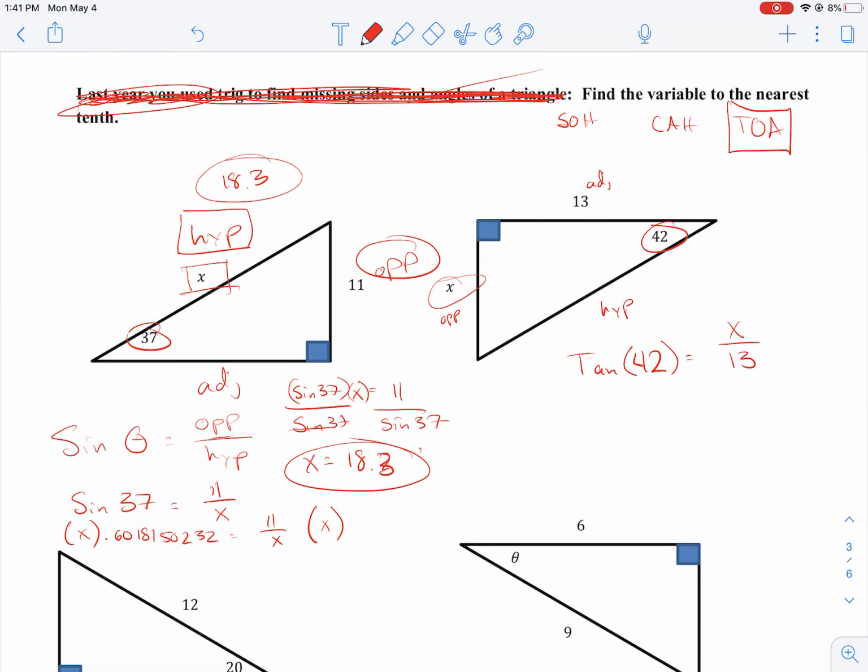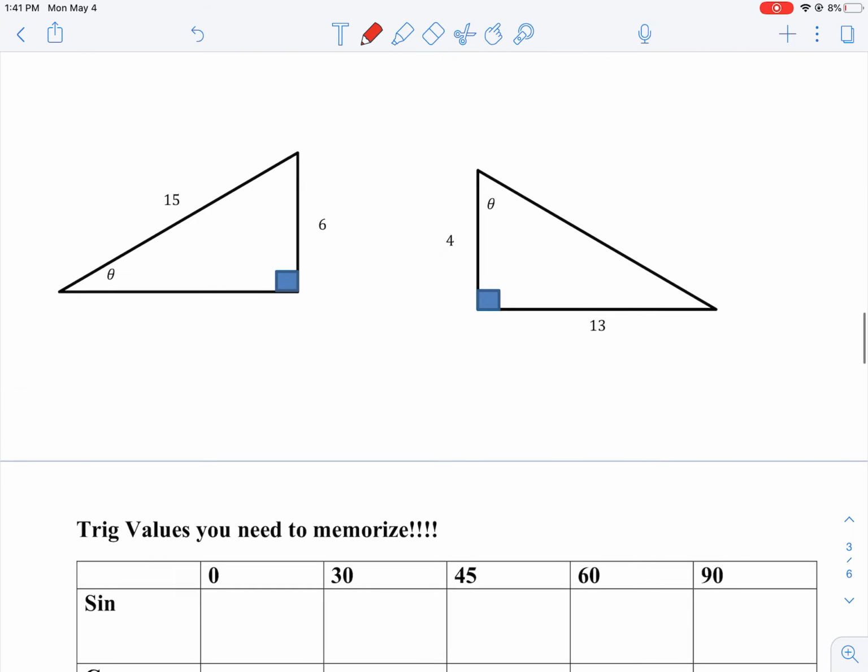It should be 0.90004 is equal to x divided by 13. And to get x on its own, you're going to multiply both sides by 13. I'm going to round it to the nearest tenth, so 11.7 is equal to our x. Okay. Let's keep going here.